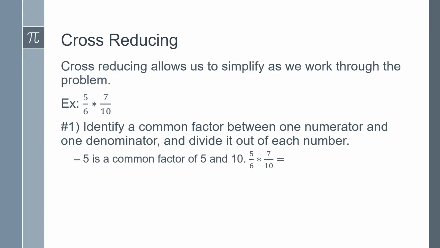For example, 5 is a common factor of both 5 and 10. 5 is in the numerator of 5/6, and 10 is in the denominator of 7/10. We can divide 5 out of each of these, so 5 divided by 5 is 1, and 10 divided by 5 is 2. Next, we multiply as usual. So now we have 1/6 times 7/2 equals 7/12.